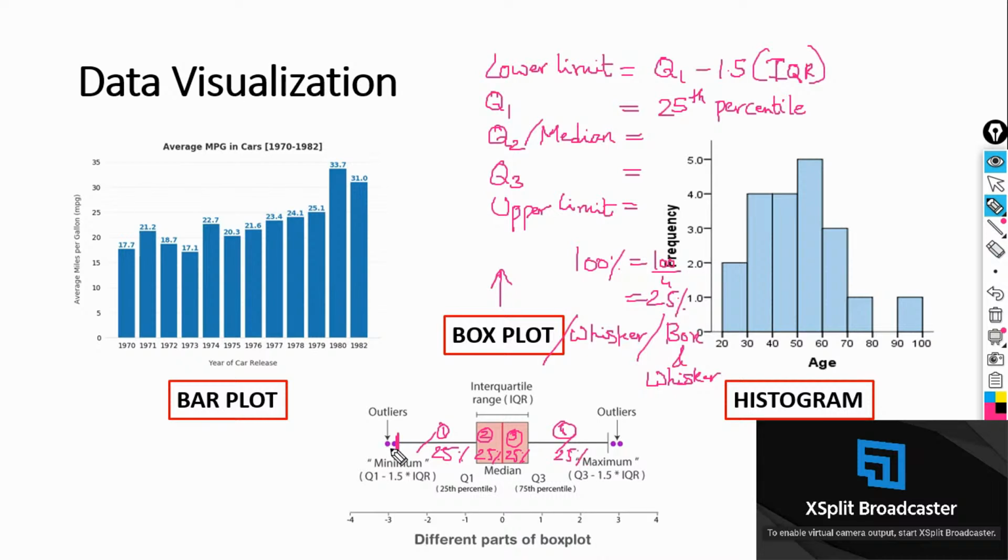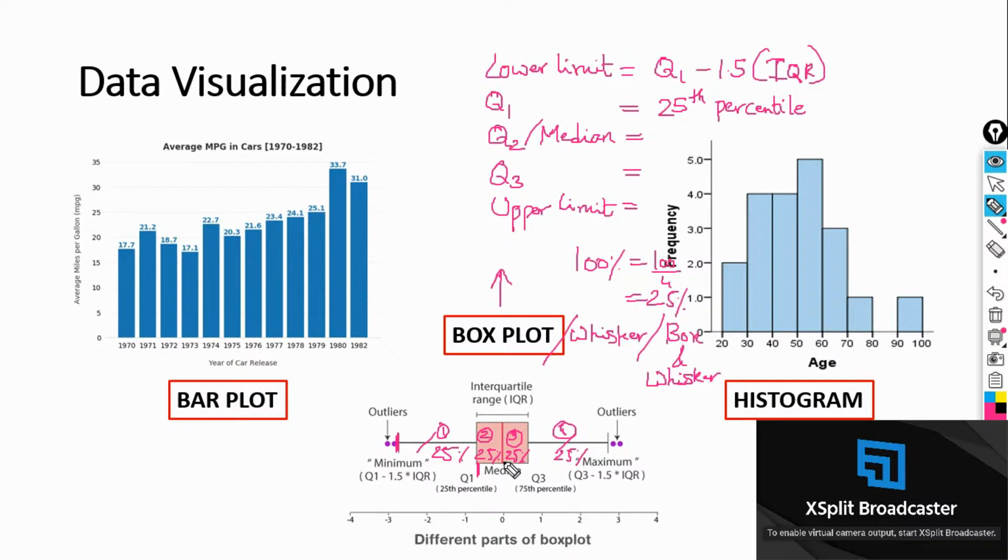Since I'm starting from the left, from 0 until after you complete one part, you have 25% of the information, right? So this part is nothing but the 25th percentile, also called Q1, because it holds 25% of the data.